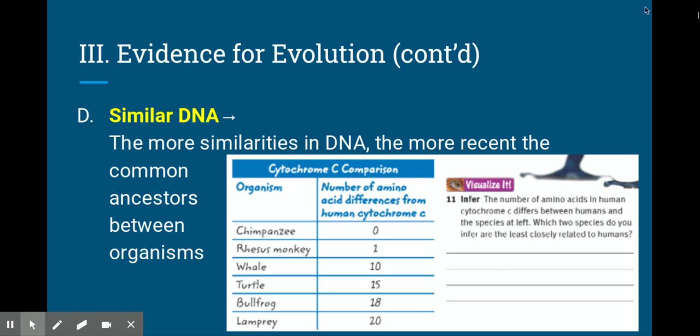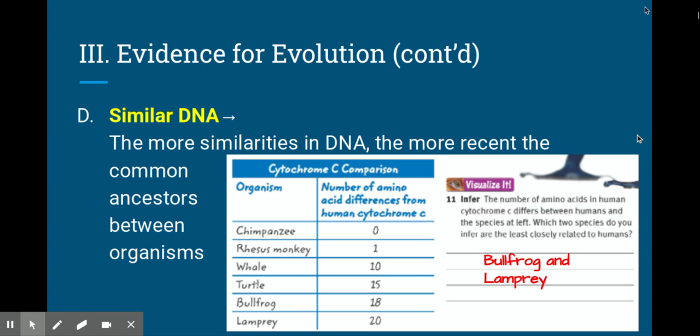So if you look on page 377 in your book, you can see how all of these organisms here, the chimpanzee, the rhesus monkey, whales, turtles, bullfrogs, and lamprey, they all have very, very similar DNA, but the farther back you go, the more differences you see in their DNA.